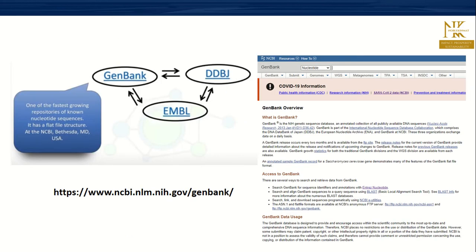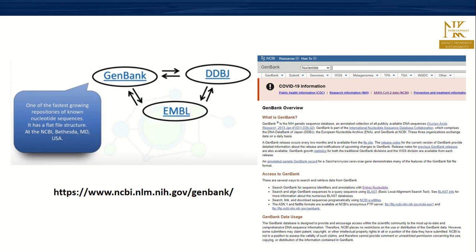Now GenBank is the most popularly used database, and it is one of the fastest growing repositories worldwide. It is domiciled in the USA at NCBI. I think the NCBI full meaning is National Center for Biotechnology Information, I've forgotten the I. And it's domiciled in the USA in Bethesda.